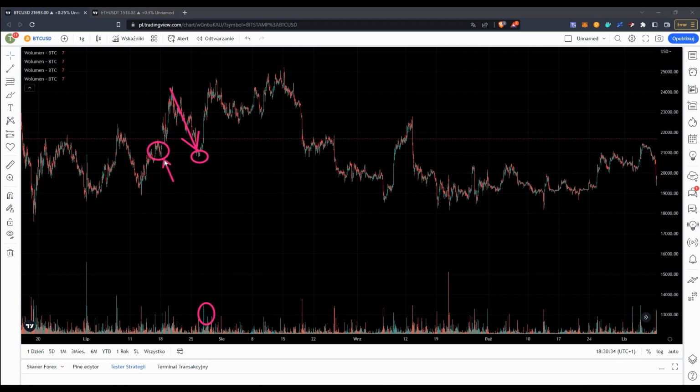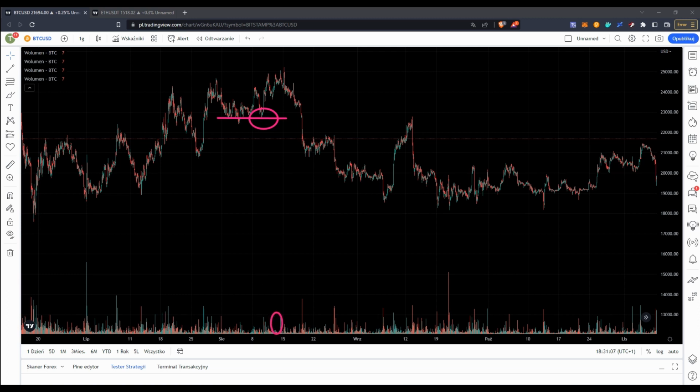And as you can see here, once we touch the support, we've seen increased volume, meaning that the support was valid, and we've seen the rally out of that. The same has happened here, okay? When we were testing the support, we've seen an increase in volume.